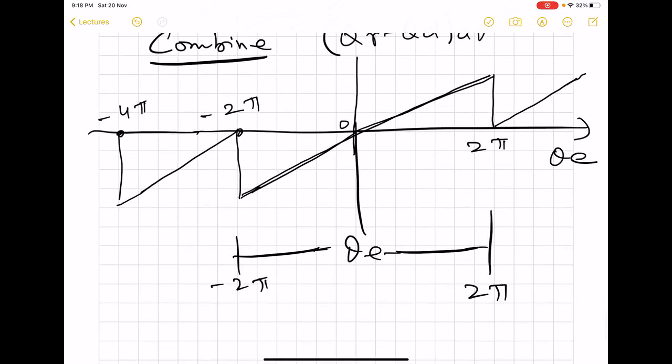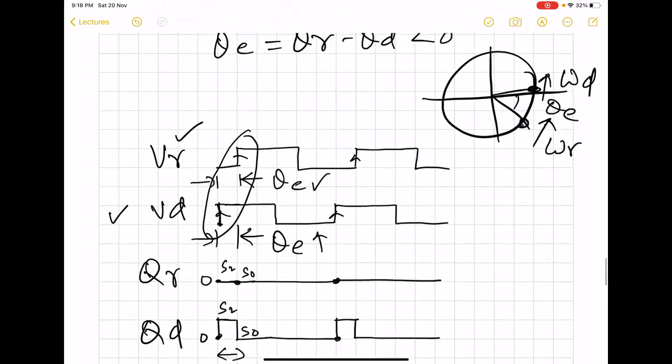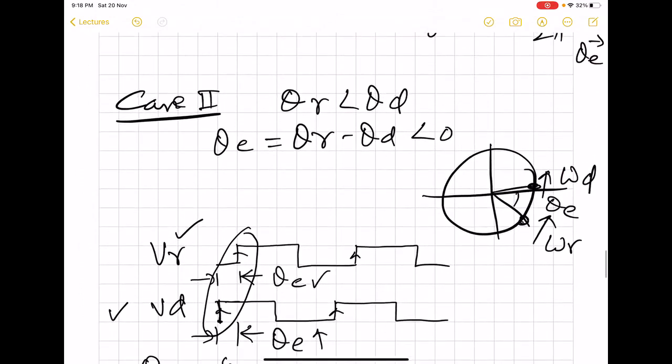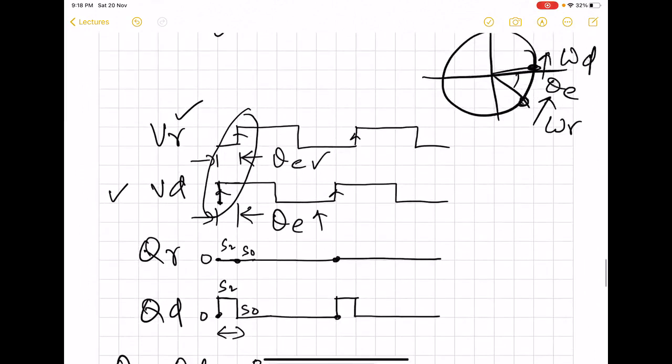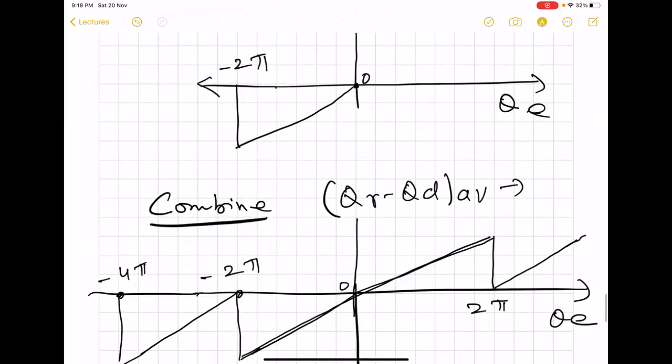Now we can quickly see how this will also allow the reduction of phase error. So we find that when we have case 2 where the phase error was negative, a negative DC voltage is produced which will be fed to the VCO. So it is this quantity which will be fed to the VCO.